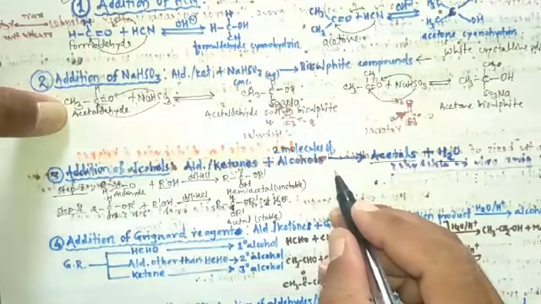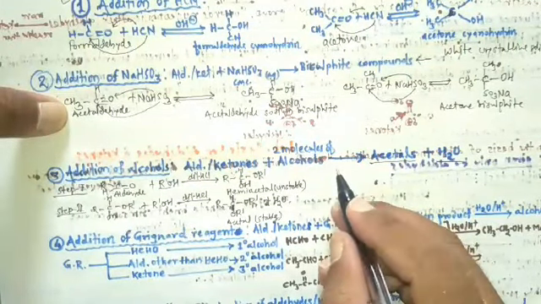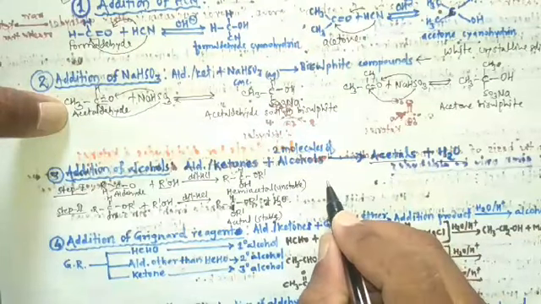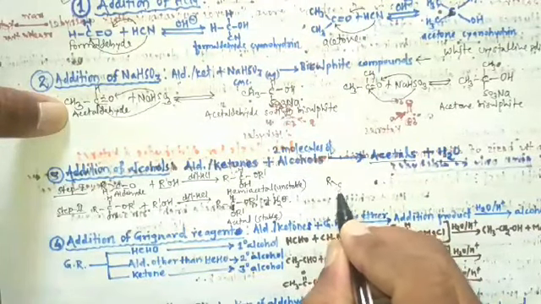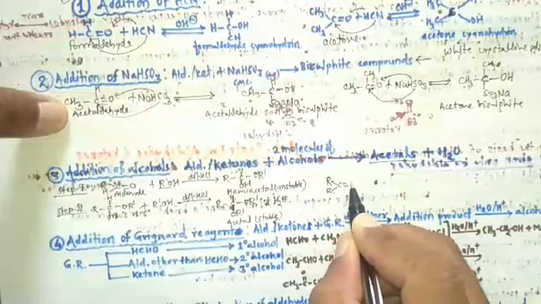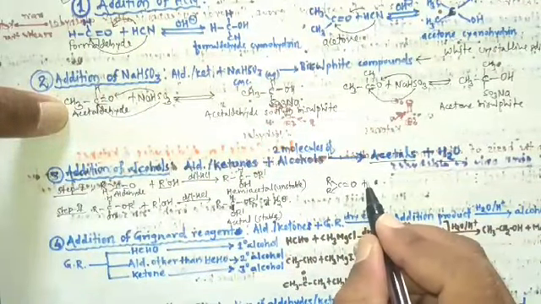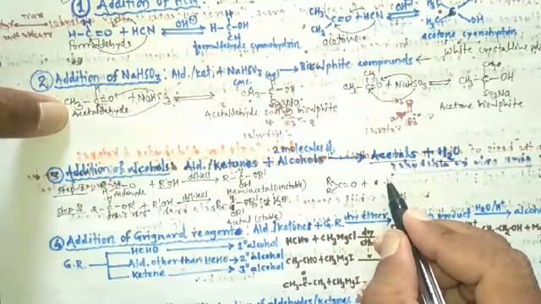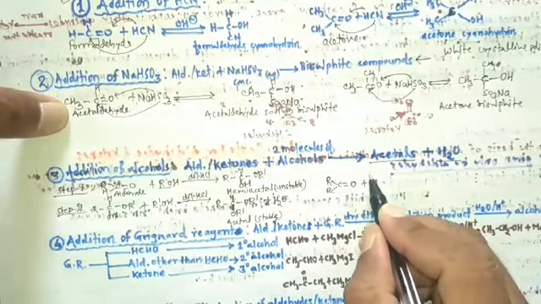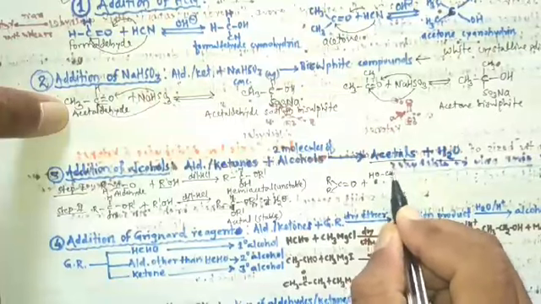Let's study the another reaction. So when ketone having the general representation R C R double bond O is reacted with 1,2 or 1,3 diol.